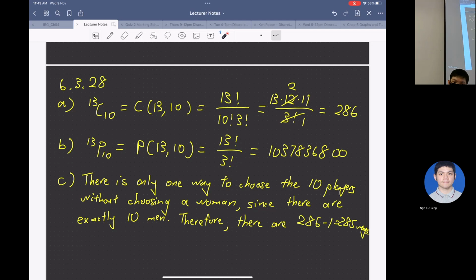There's only one way to get all men, so you can just subtract 1. Why? Because 3 of them are women, so only 10 of them are men, and there's only one way to pick these 10 men. So just use A minus 1.